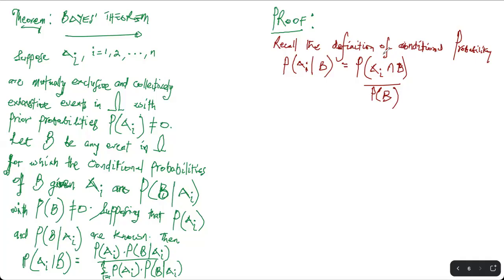We can write this top part as the probability of A multiplying the probability of B given A. So there are three recalls that we would make. Let me call this equation 1.